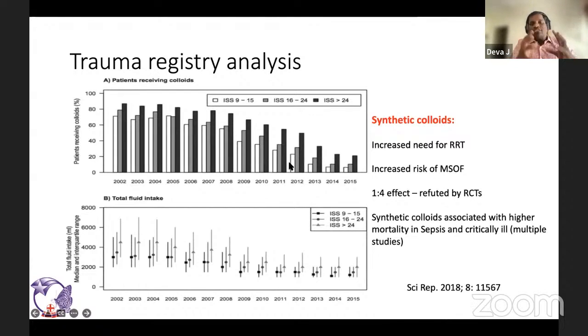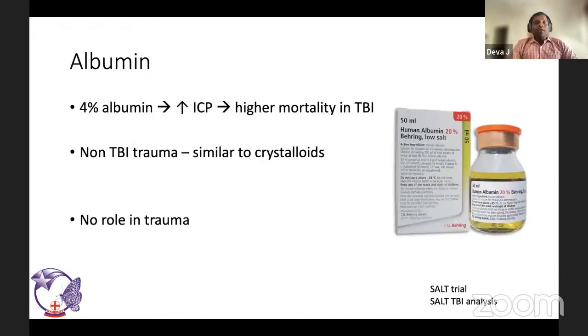So the practice is changing. We are giving less volume, less crystalloids, more blood, number one. Number two, we have completely stopped using colloids in trauma. So avoid colloids, that's the bottom line. How about albumin? Albumin as a fluid is exciting.